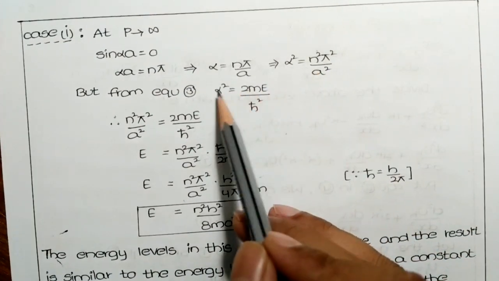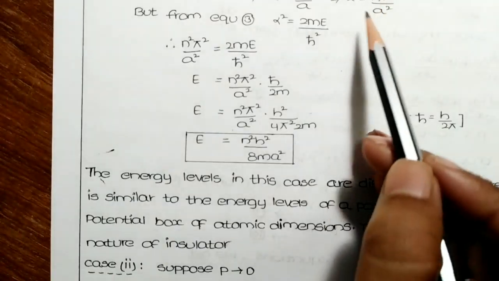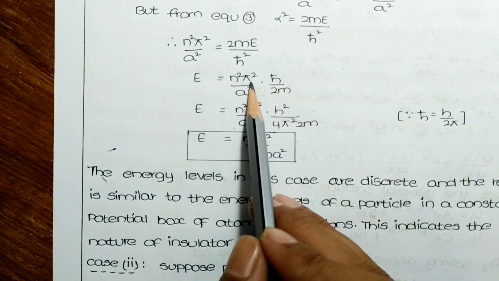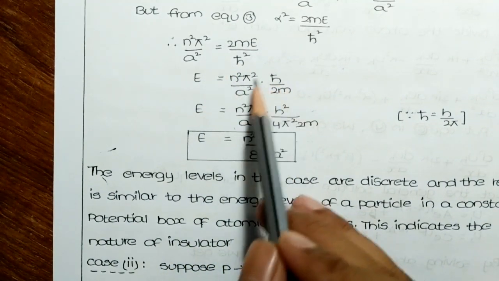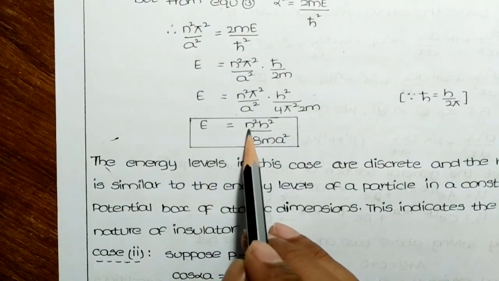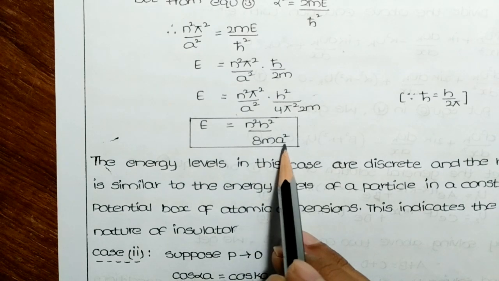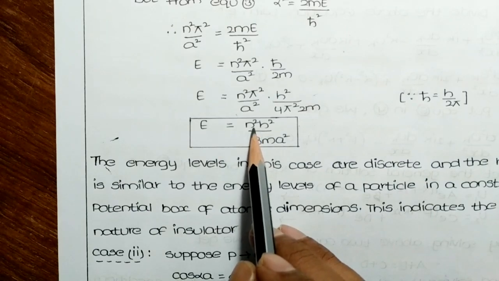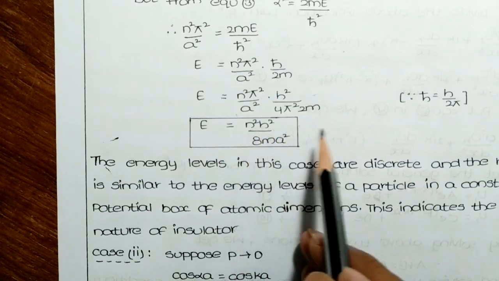Equating these two, we get E is equal to n square pi square h cross square by 2 m a square. Finally, by solving this equation, we get E is equal to n square h square by 8 m a square. Here n means order, n is equal to 1, 2, 3, 4 and so on.